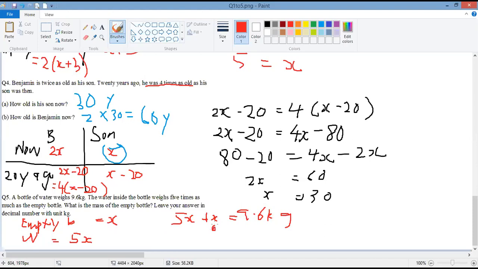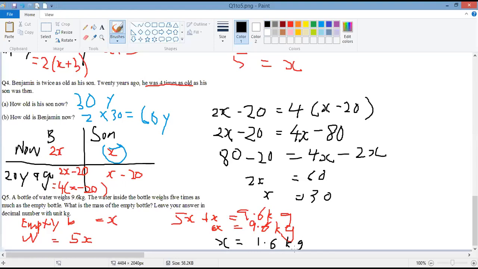So you got 6x equals to 9.6 kilograms. So your x equals to 9.6 divided by 6. Then you got 1.6 kilograms.